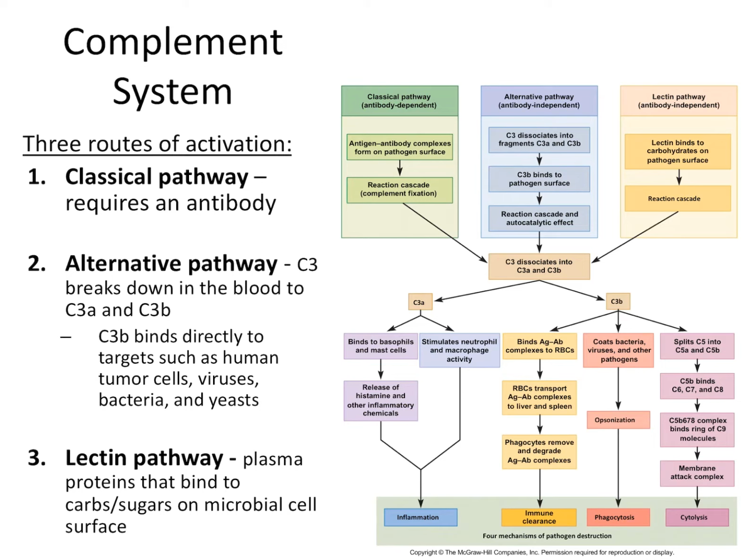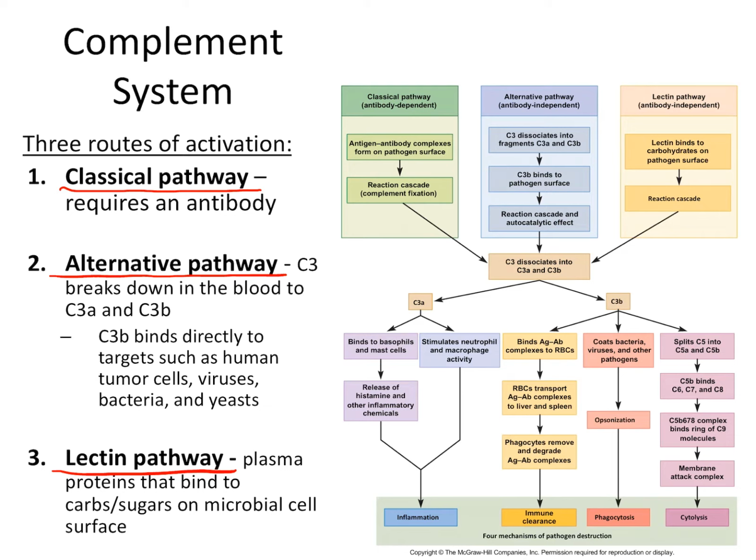So there's essentially 3 routes of activation: the classical pathway, which is shown here, the alternative pathway, and then the lectin pathway, which are shown here. Now, the classical pathway is ultimately going to require an antibody to get started.